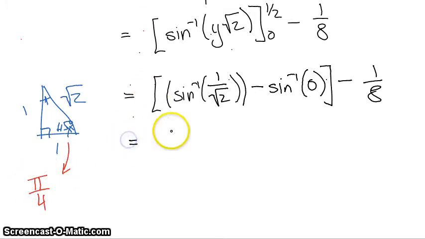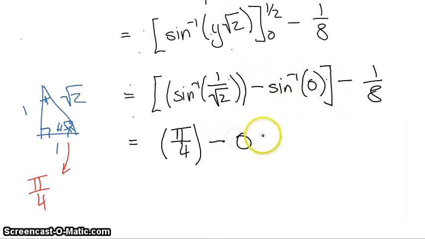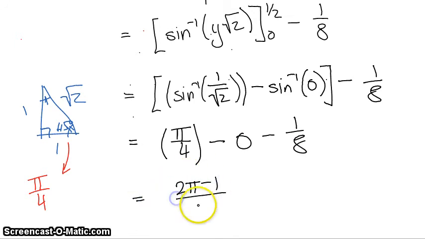So sine inverse of 1 over root 2 is pi upon 4. Sine inverse of 0, well, sine of 0 is 0, so this is just 0, and then minus 1 over 8. So our final answer is pi upon 4 take 1 over 8 units squared. And that's the area of R.